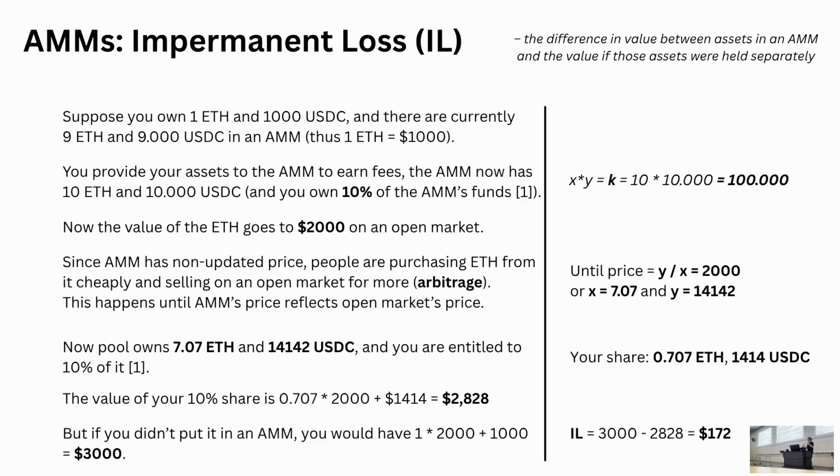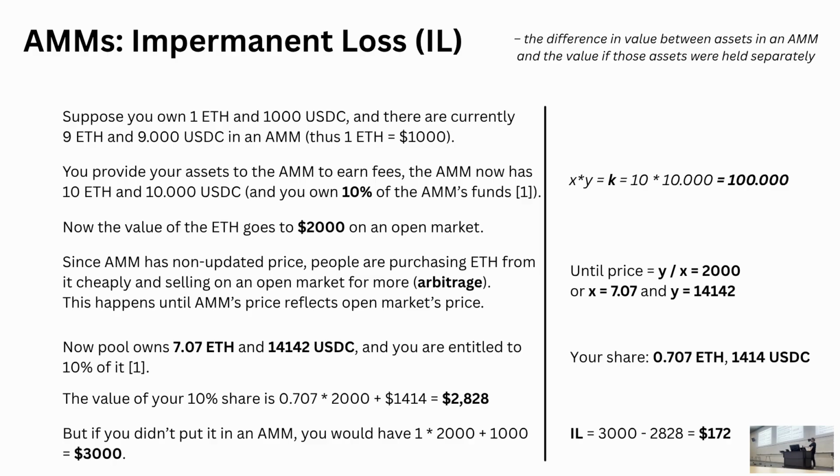Suppose now exchanges don't just live on chain. Somewhere on Binance or Coinbase or some centralized exchange, the price of ETH went to $2,000. Since the AMM doesn't immediately react to that, because the price only changes when people trade, it still has a non-updated price.